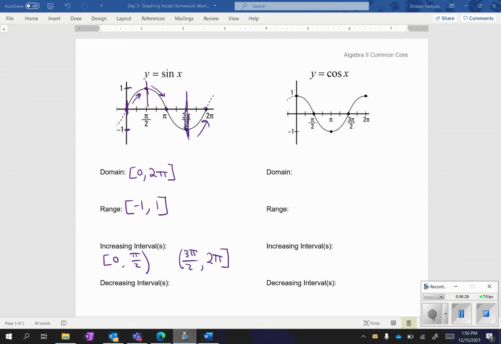But you do use a hard bracket for 2 pi because really you continue going up. So at 2 pi, it is in the process of still increasing. And because you have 2 intervals, we're going to put a U there. It stands for this interval and this interval. Your decreasing intervals are in the middle. We are decreasing from pi over 2 to 3 pi over 2.